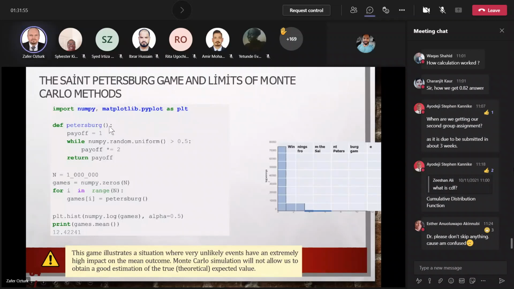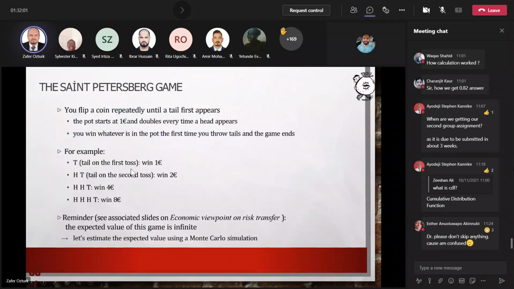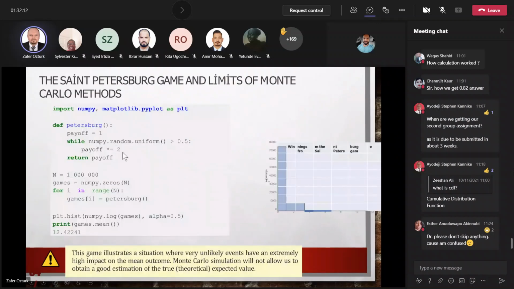It was again described in Python, and the conditions were exactly described as: the pot starts at €1 and doubles every time heads appears.